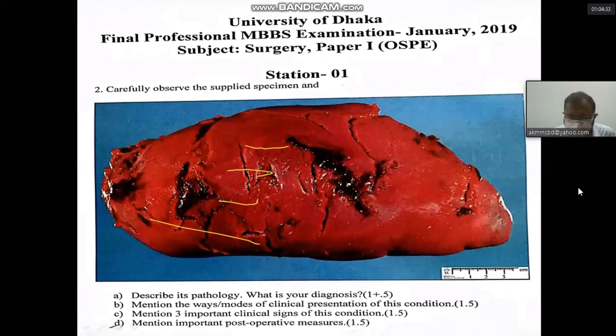Immediate post-operative measures. Sir, immunosuppressants. During post-operative measures, you have to check the NG tube if there is any bleeding present in the NG tube or not, because during operation there may be injury to the stomach.